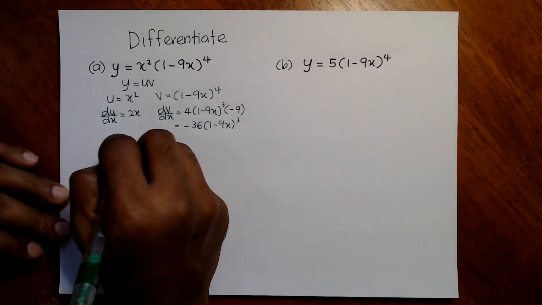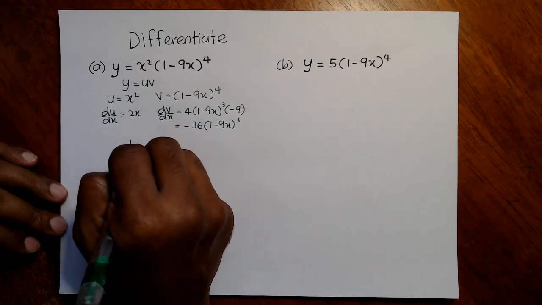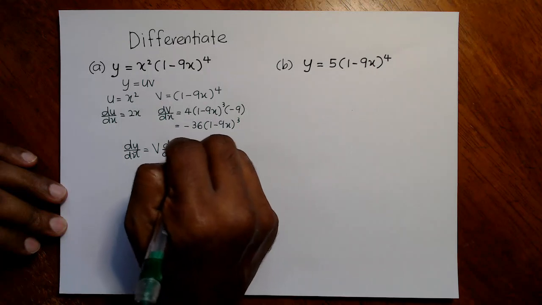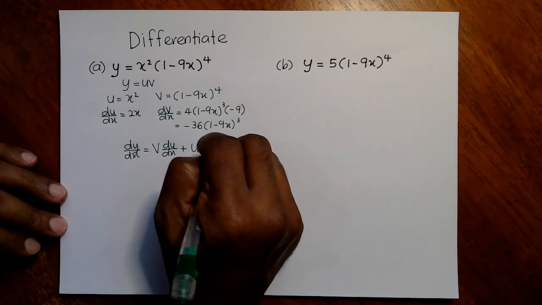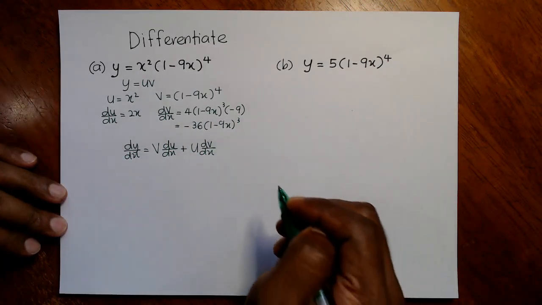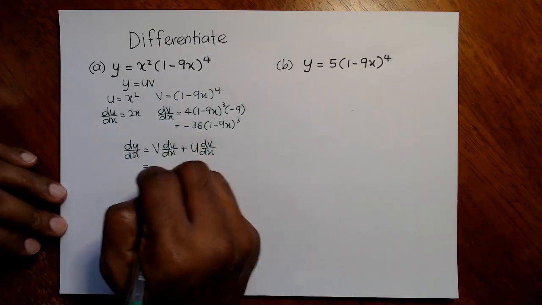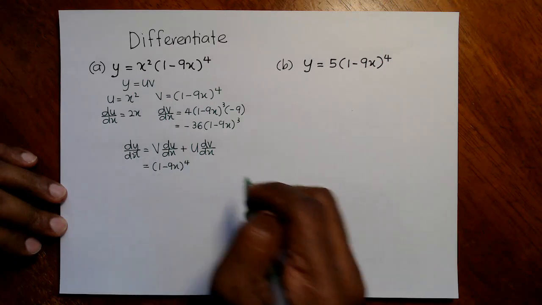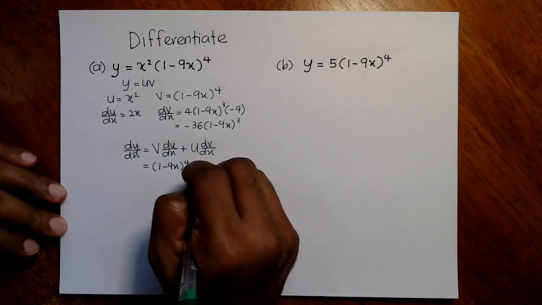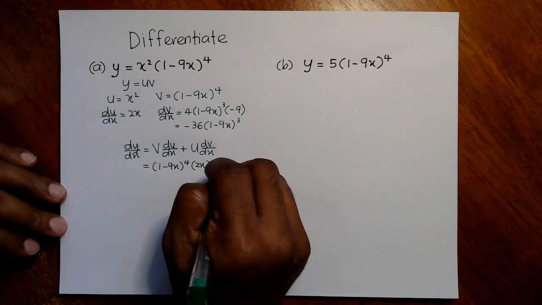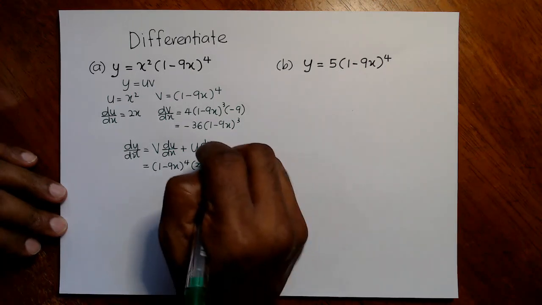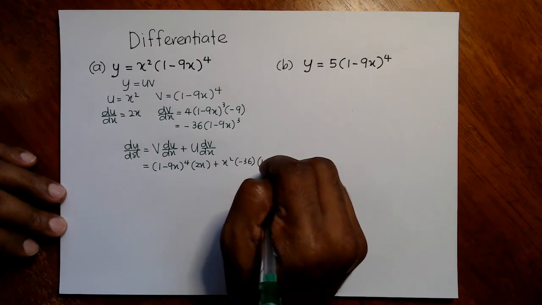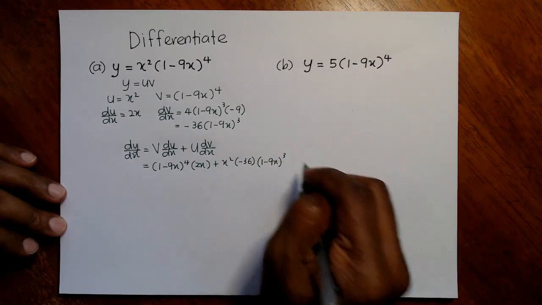Right, we write down the formula dy/dx equals v du/dx plus u dv/dx. Substitute everything inside, so we get (1 minus 9x) to the power of 4 times du/dx, which is 2x, plus u, which is x squared, times dv/dx, which is negative 36(1 minus 9x) to the power of 3.